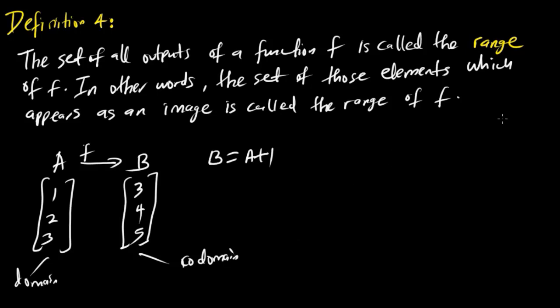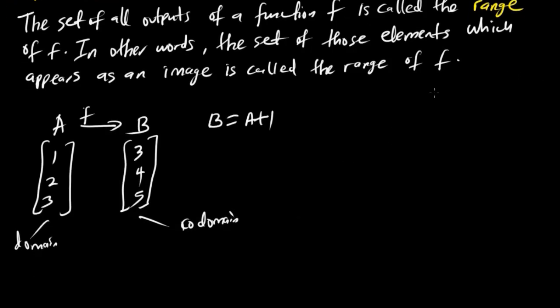But sometimes, due to the nature of mapping, not all the elements in B will be an image of elements of A. So not all the elements of B will be an image to elements of the set in A. So the set of all the images is simply referred to as the range.